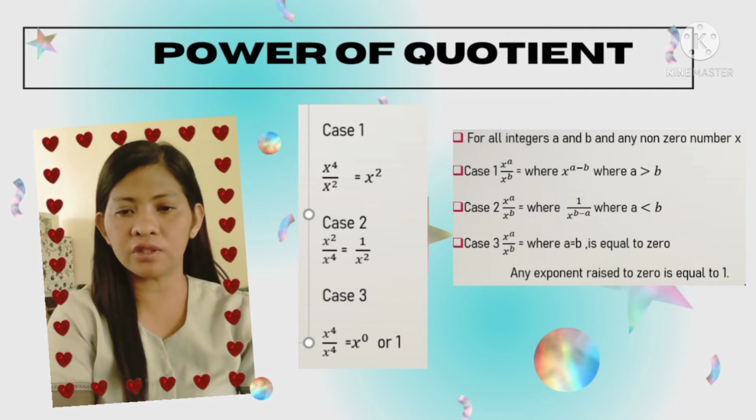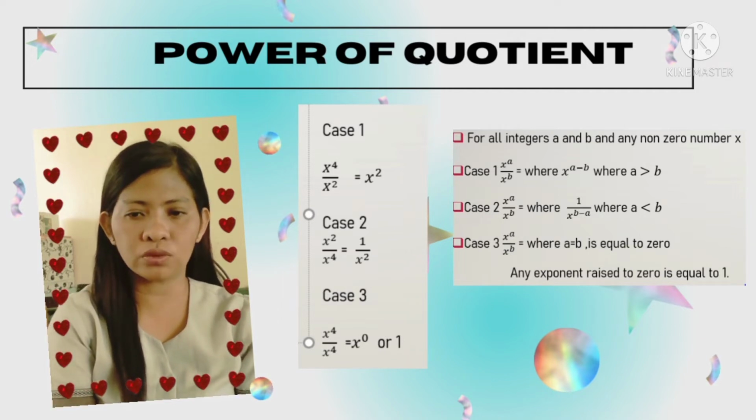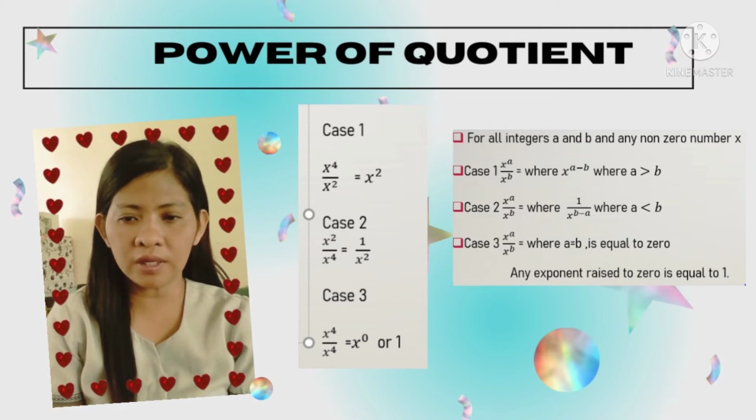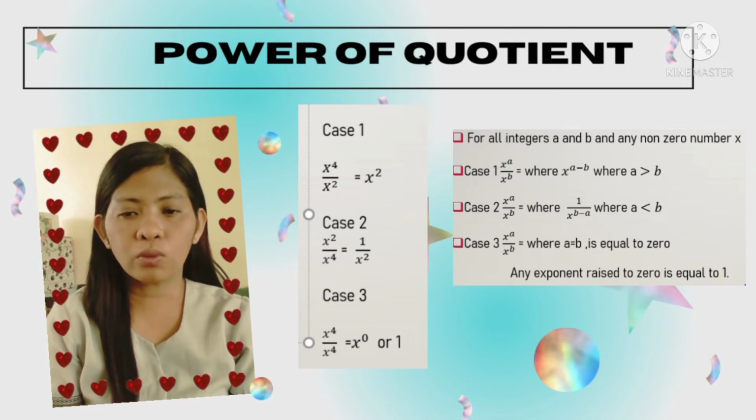Case number 3, x raised to the a power over x raised to the b power, where a is equal to b is equal to 0. Any exponent raised to 0 is equal to 1. So, in this situation class, the exponent of the numerator and the exponent of the denominator are the same.